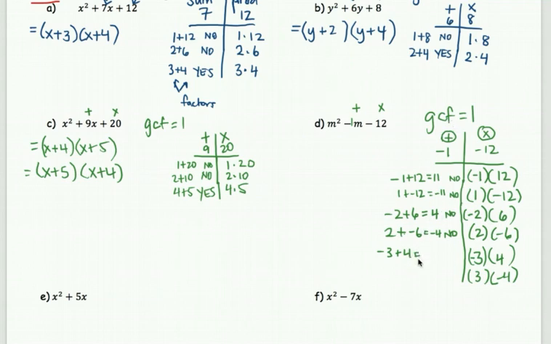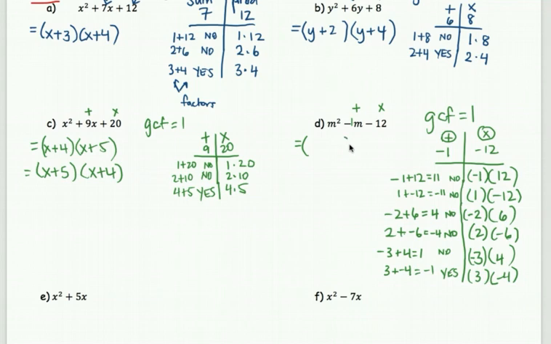So -3 and positive 4 will make 1. And then we have 3 added to -4 will make -1. All right, so this didn't work. No, but we finally found one that does work. Yes, okay.